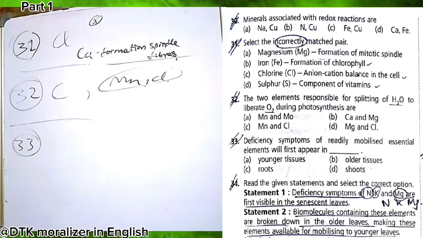Now question number 33. Deficiency symptoms of readily mobilized essential elements will first appear in: younger tissues, older tissues, roots, shoots. Readily mobilized elements, so the deficiency symptoms appear in older tissues.